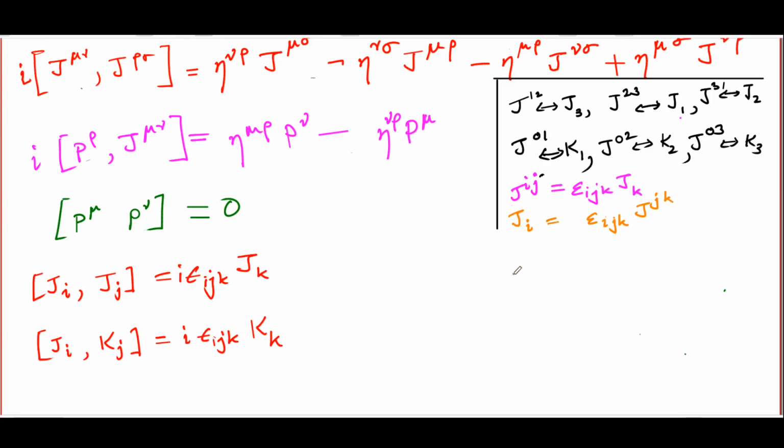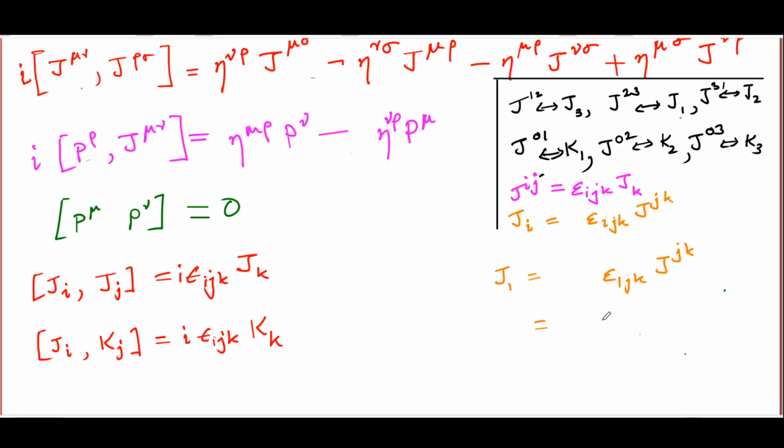Just as I said, to check, J1 would be epsilon 1jk Jjk. Now with i equal to 1, there are exactly two choices for j and k for which this epsilon 1jk is non-zero. One is j equal to 2, k equal to 3. The other is j equal to 3, k equal to 2.